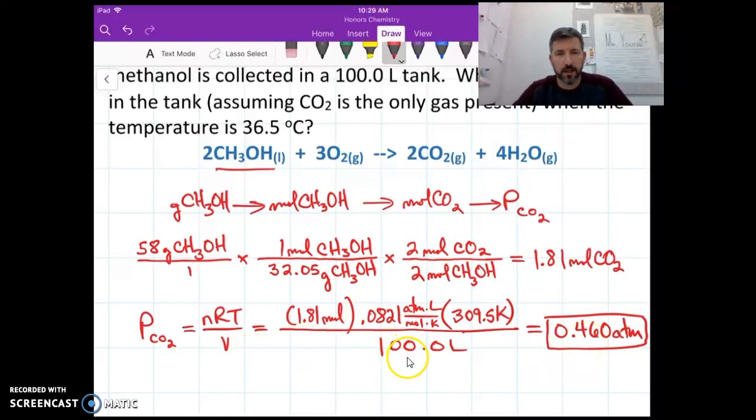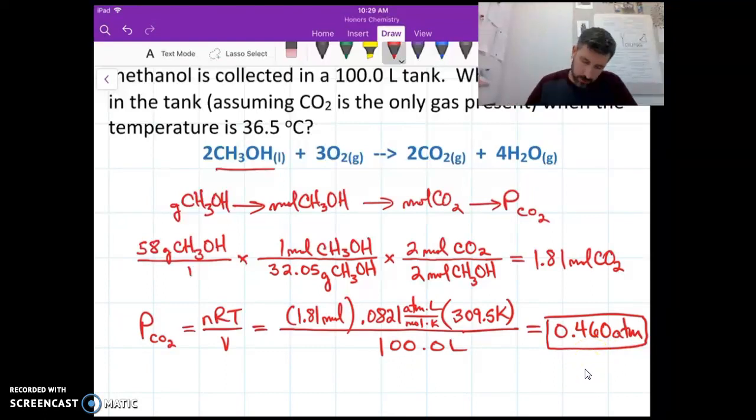So we're occupying over double what 2 moles of gas would occupy at standard temperature. So our pressure is a little bit low. It's about half of standard pressure.